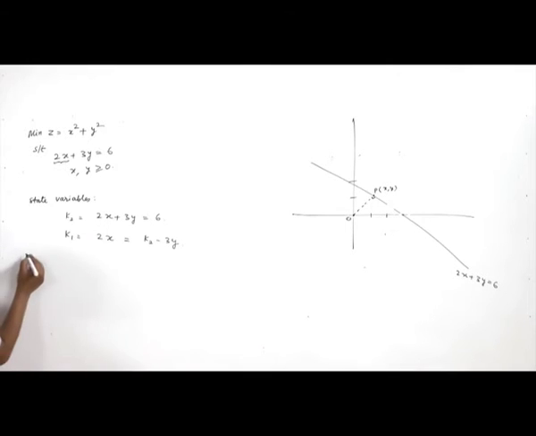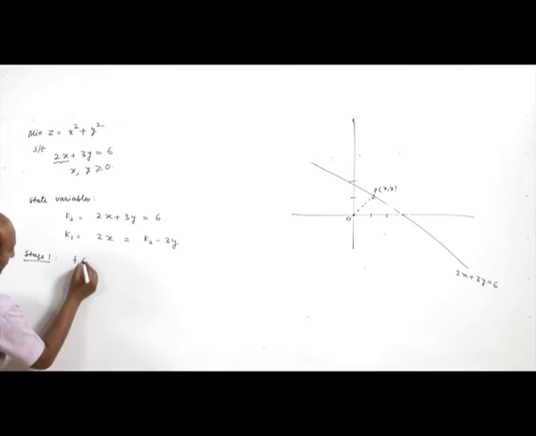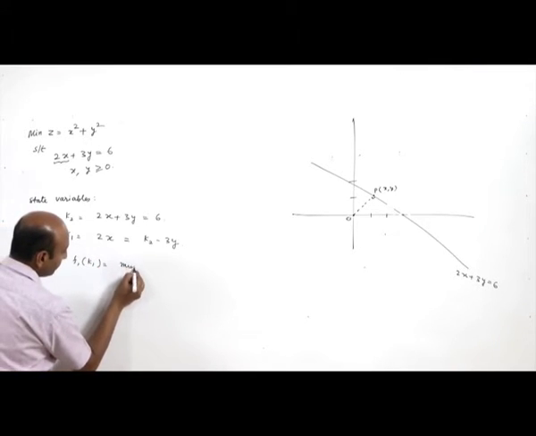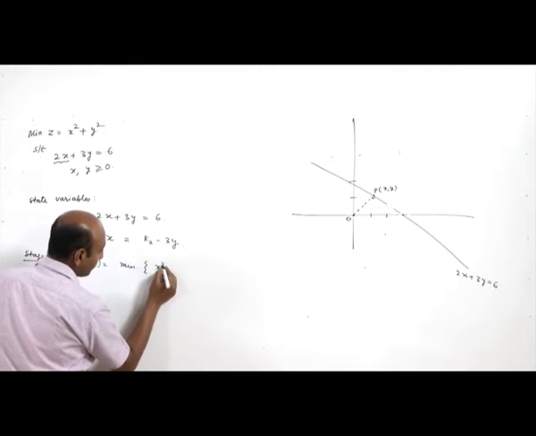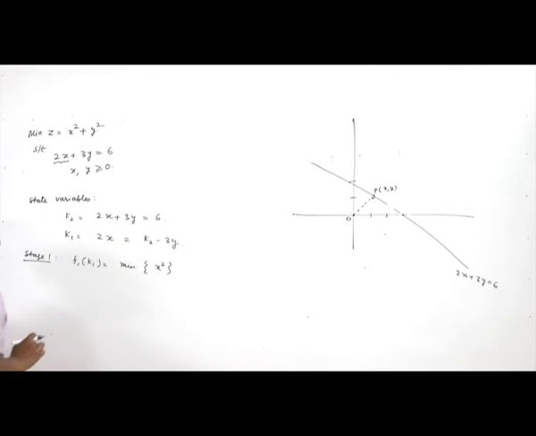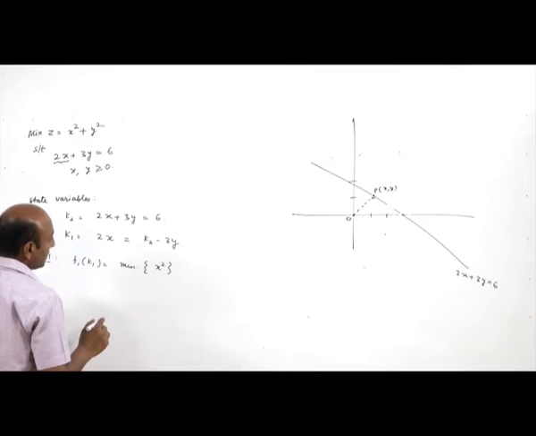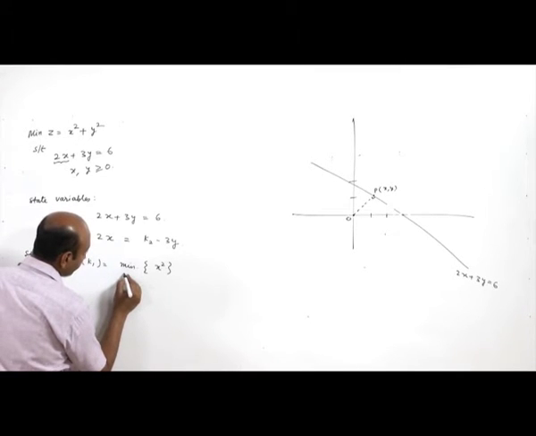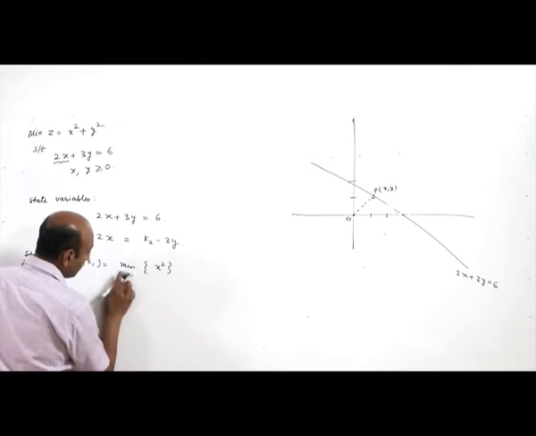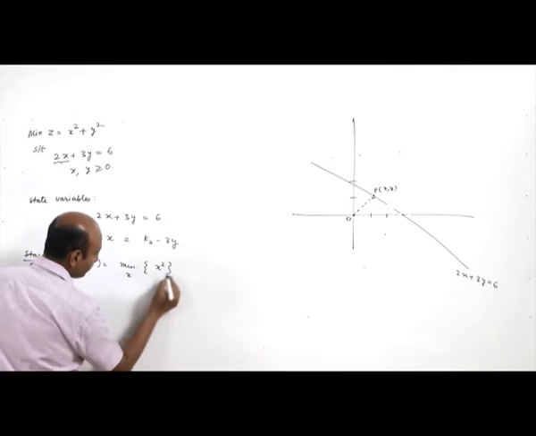Now, we start from stage 1. Stage 1 is f1(k1). f1(k1) is the minimum of the first value, that is x square, over x, where 2x equals k1.